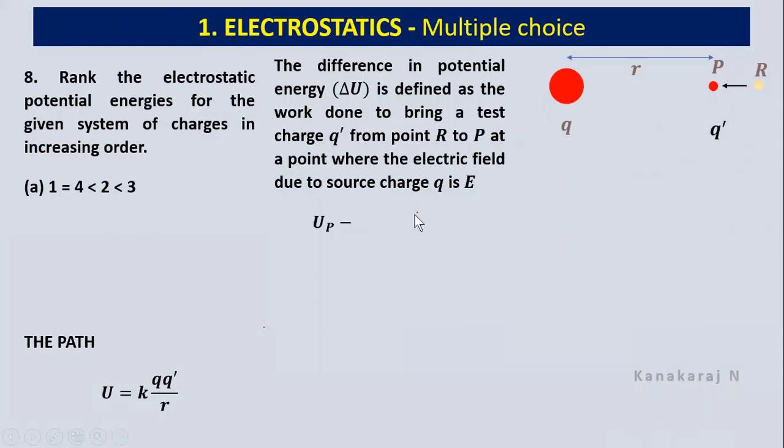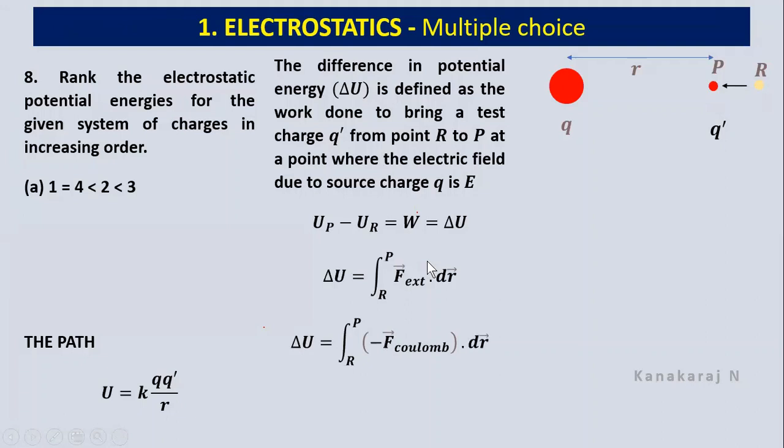So UP minus UR, the potential energy at P minus the potential energy at R, will be the work done W, that is the change in potential energy del U. So del U equals the integration from R to P of F external dot dr vector. This is the force given by the external energy, which is equal and opposite to the force given by the system, that is the Coulomb force. So we replace F external by minus F Coulomb dot dr vector.